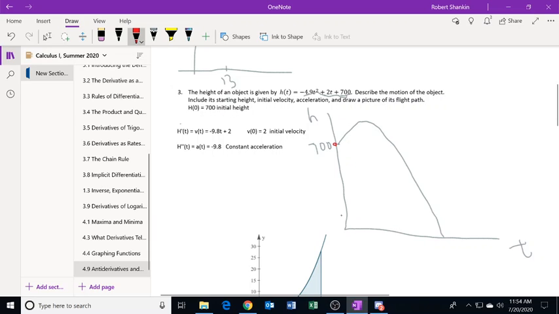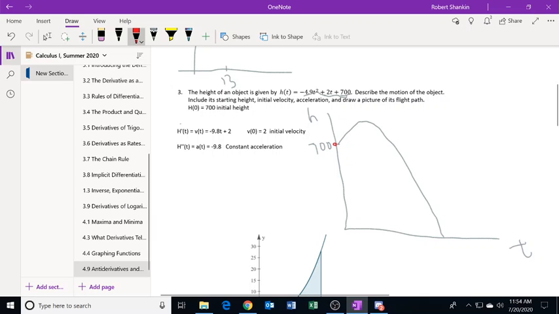Is it going up linearly, like ascending at an angle, but then coming down, or like a straight line? That's a good guess, but not quite. If we look at this, the height including its flight path, there's no indication in here that it was given any sideways velocity.